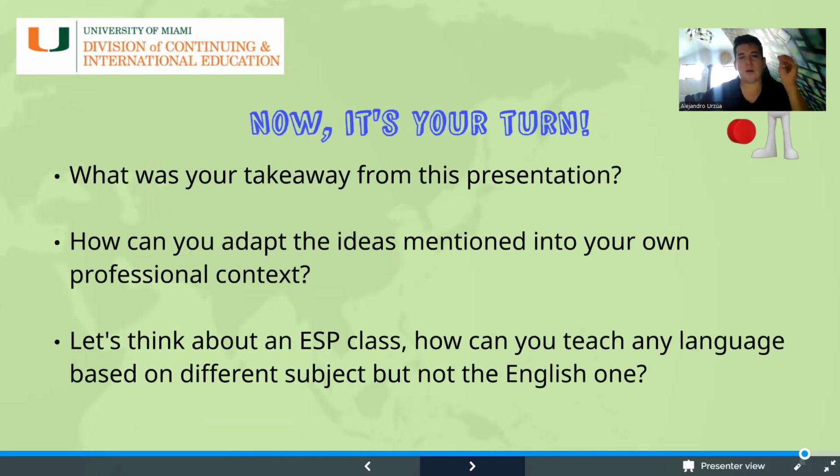And let's think about an ESP class, because this is not an English class, but let's talk about an ESP class. How can you teach any language based on different subjects, but not the English one? I think these questions are important to bear in mind, and it's always happened to me that I ask them to myself.